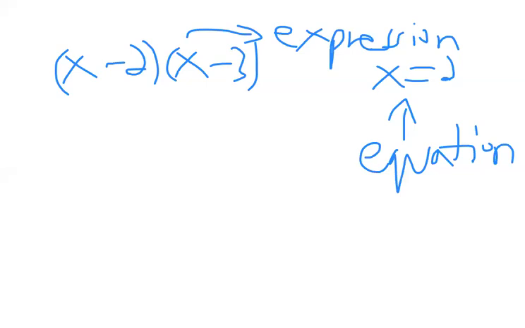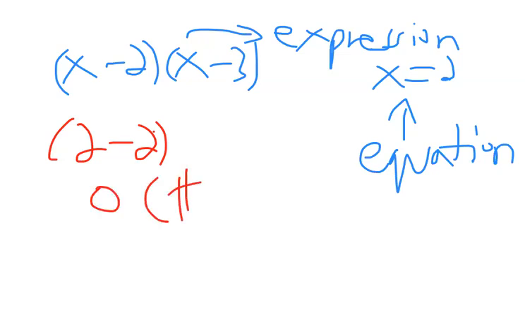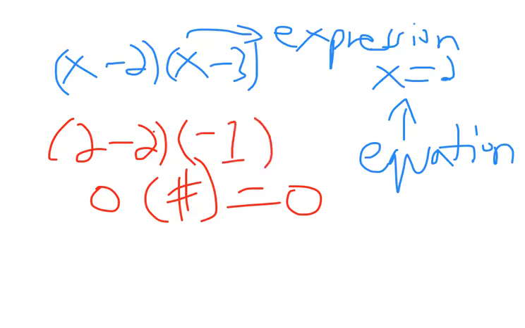All right, so we want to find out the value of this when x equals 0, let's suppose. So we just do 0 minus 2. And right there, I know the answer is going to be 0, just because this is 0 and 0 times any number is 0. But if you also want to do it, it would be 0 minus 3, which is -3, and 0 times -3 is also 0. So this whole expression turns into 0.